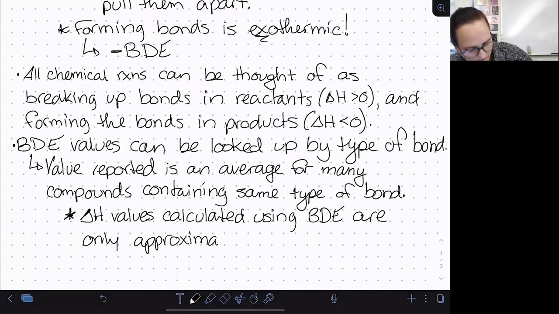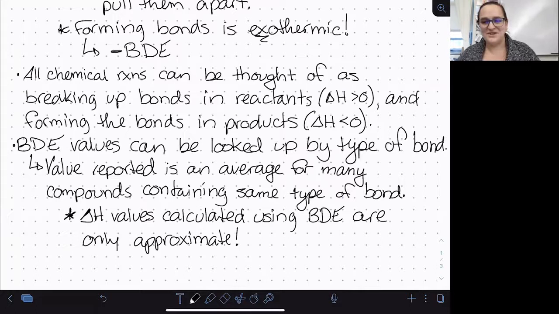So you may wonder, why do we want an approximation when we have these other ways, using Hess's law and using heats of formation, when we can calculate delta H exactly? And one of the biggest reasons is really that those other two methods require the compounds that you're using to be well studied already, that in order for the heat of formation of a compound to be known, it needs to have been created and studied previously.